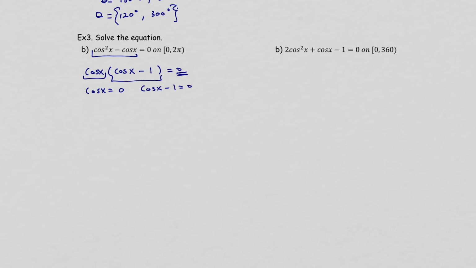And solve for each. So this means you're looking for the value or angle where cosine is going to be 0, right? When is the cosine 0? When is the x 0? X is 0 at those 2 points, right? That will be pi over 2, and that will be 3 pi over 2.